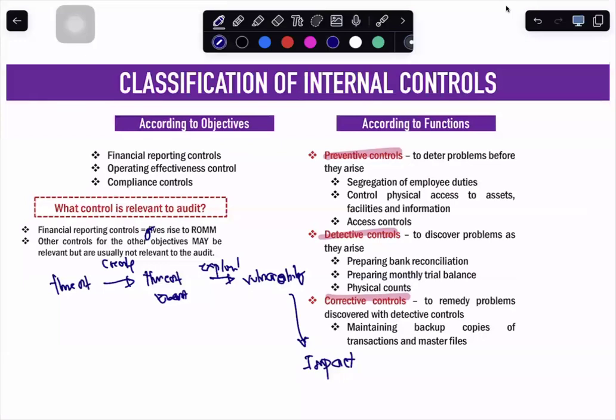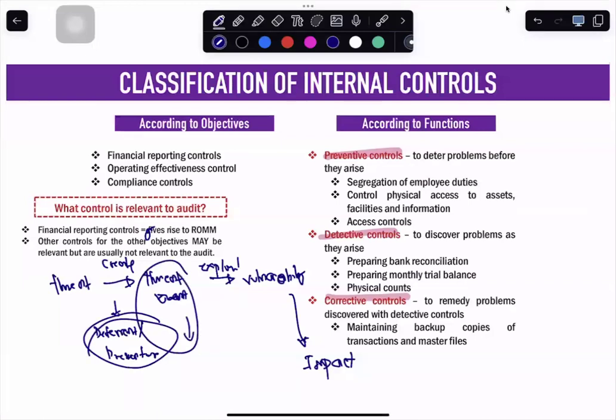Now, once you have deterrent control, this could deter potential problems, or we call this your preventive control also. Once you have a deterrent control, that now reduces the likelihood of a threat event.